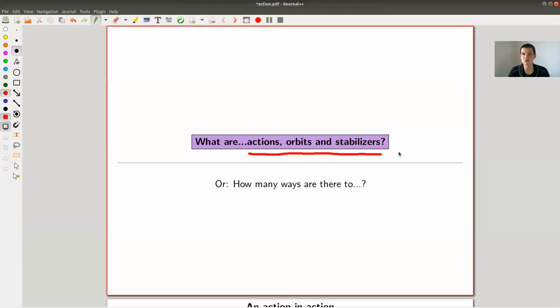Or you have a huge group acting on a way too big space and the group is still encoded in the space, but there's much more going on. That's what an action in general tries to capture. An action is just you have a group and you operate on something that has a symmetry according to the group. And I will show you an example in a second.